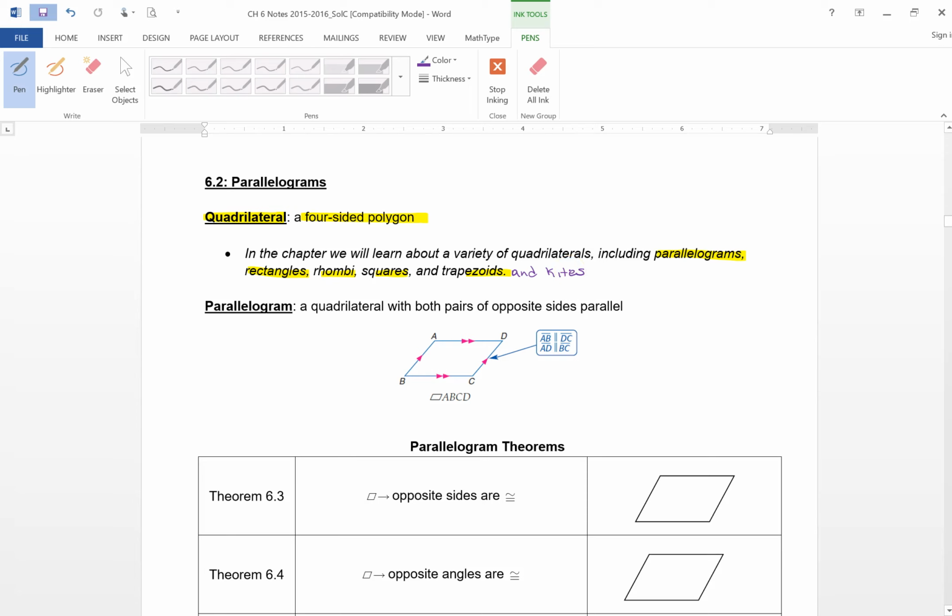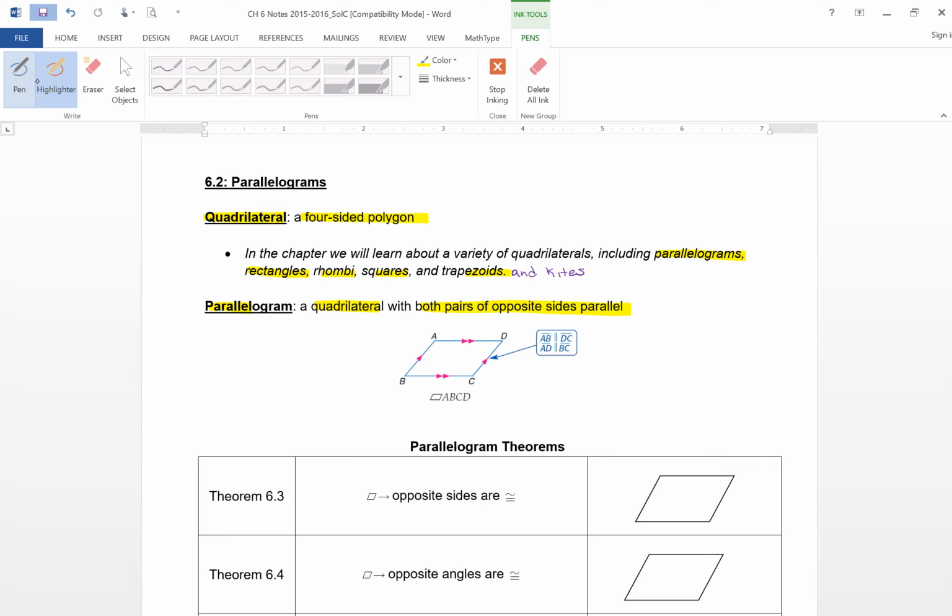Okay. If I say the word parallelogram, what's it made of? The word parallel. That is the definition of a parallelogram. There was a proof on the final on parallelograms, remember? Yeah. I remember. All right, so a parallelogram is a quadrilateral with both pairs of opposite sides parallel.